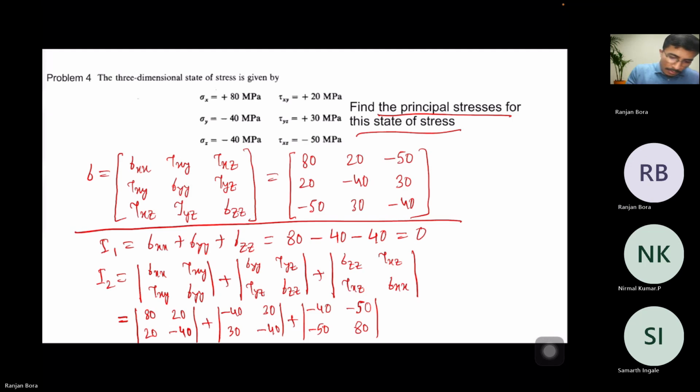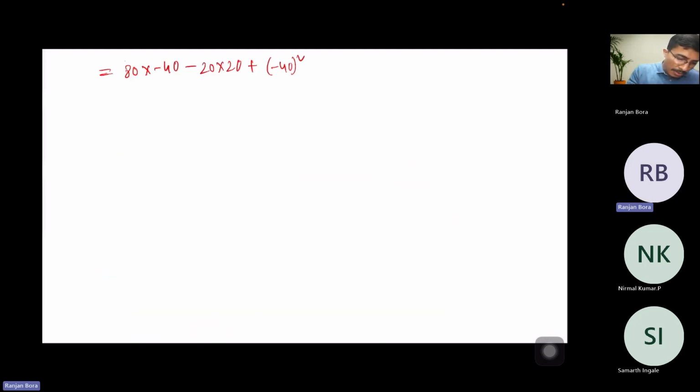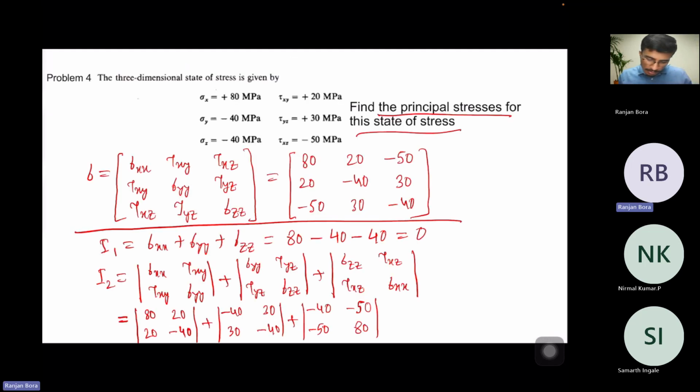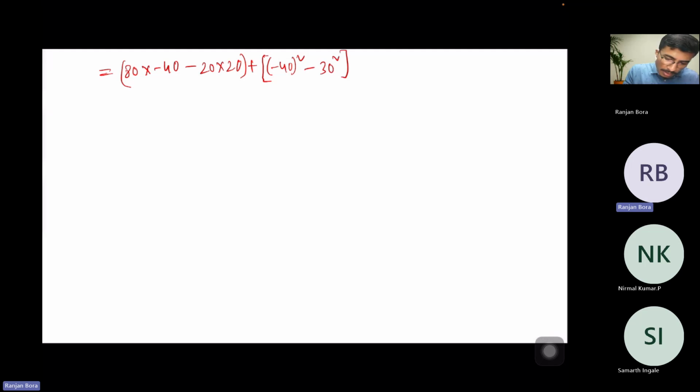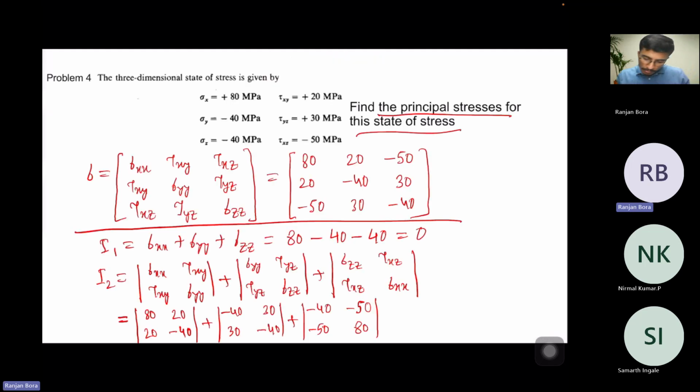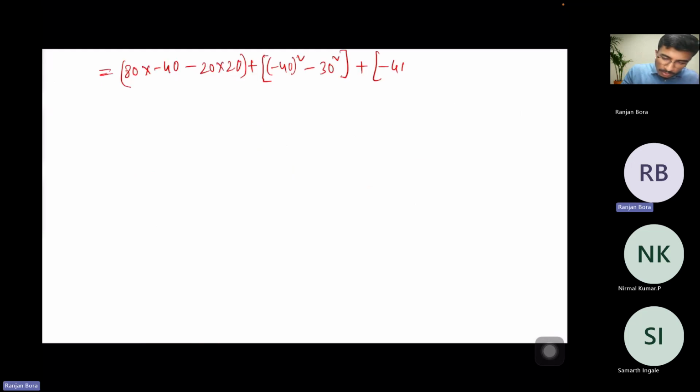So it is 80 cross minus 40 minus 20 square, minus 40 square minus 30 square, plus minus 40 cross 80 minus 50 square.